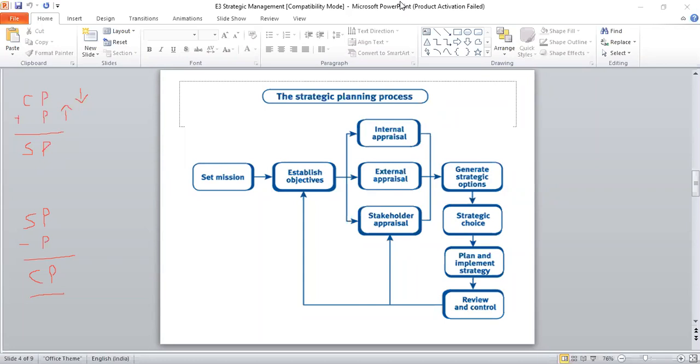Then they should understand what they are good at, what their strengths are. The strengths may be that they are the leader in the market. They could become the leader in the market over a period of time very easily because of certain advantages they possess.